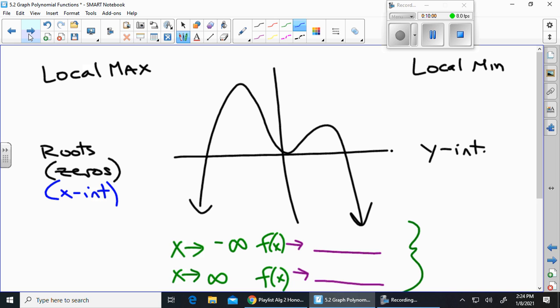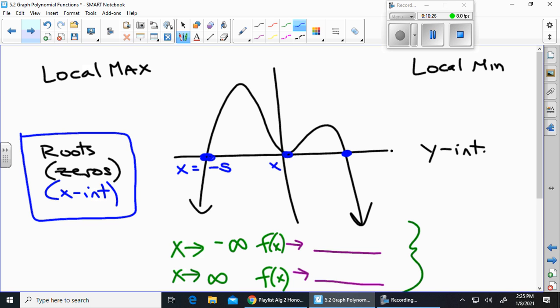So Delta Math, they ask about maxes and mins. Okay, so that's the last thing, and you have to realize that when we graph these polynomials, we get more terms. Okay, so it's not just like a quadratic where there's one term. So when I look at this, roots, zeros, x-intercepts, those are all where it crosses the x-axis. I could say x equals -5, x equals 0, x equals 2.